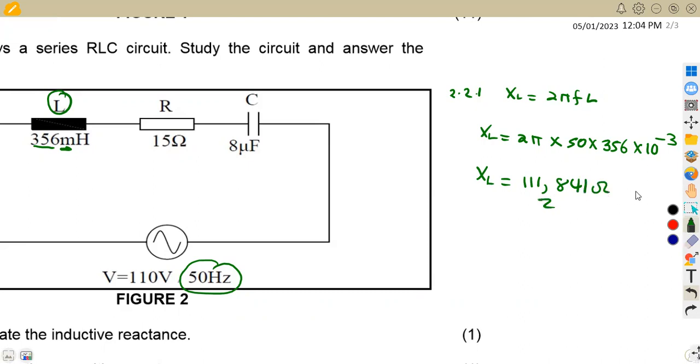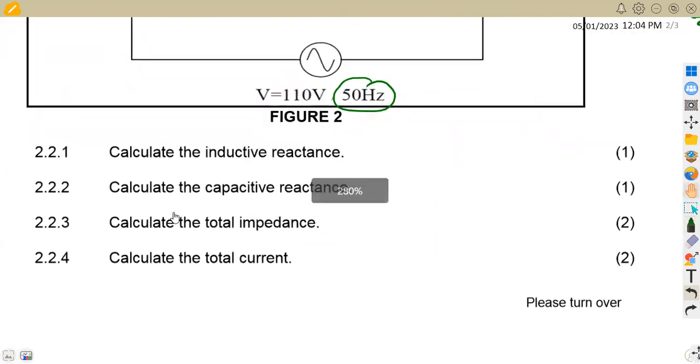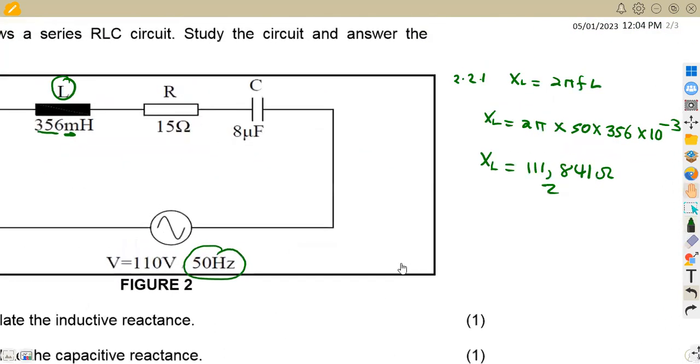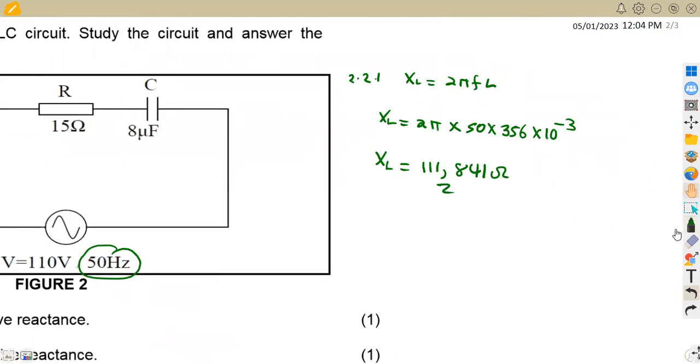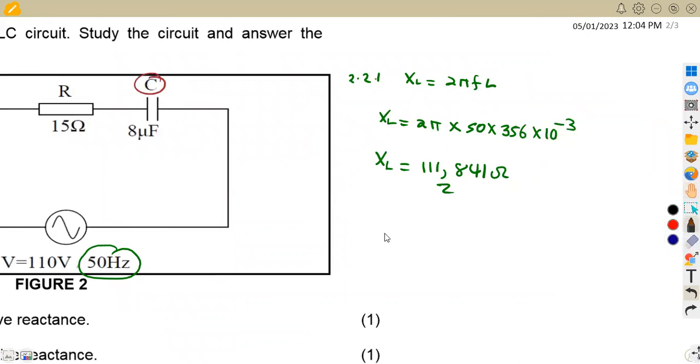All right, so that was the question, direct like that. All right, so the other part of the question 2.2.2 was to calculate the capacitive reactance. All right, also the capacitive reactance we are given from our formula sheet. So from C, which is our capacitance here, we can calculate our XC. So XC from your formula sheet is given also as 1/2 pi FC, whereby we can sometimes, okay, we might be given the formula for capacitance, then you make XC the subject.